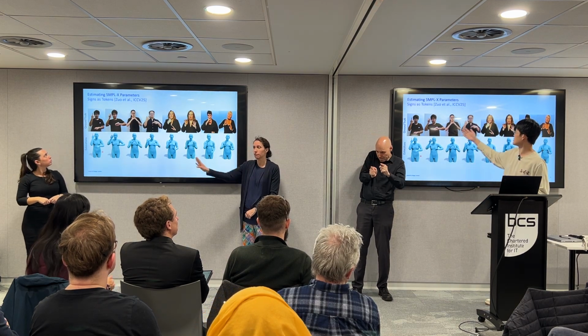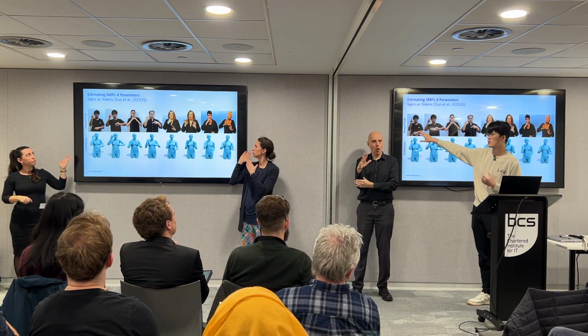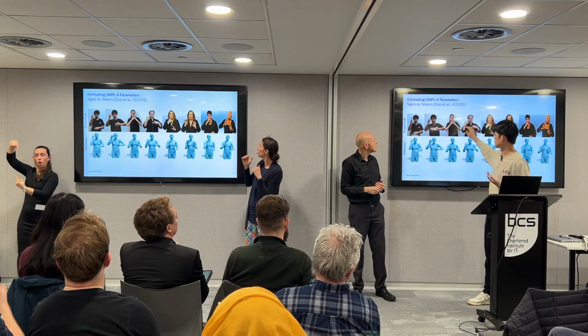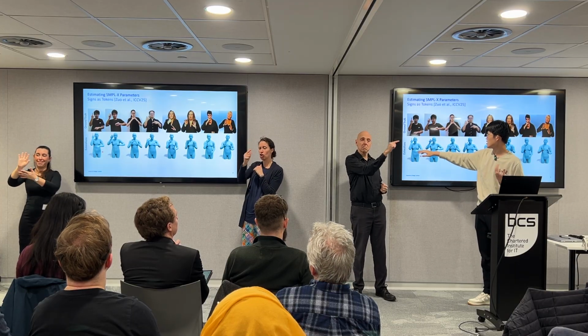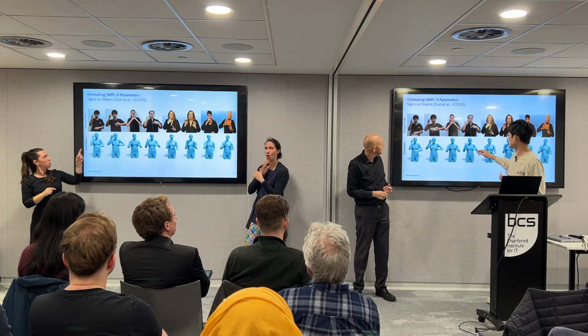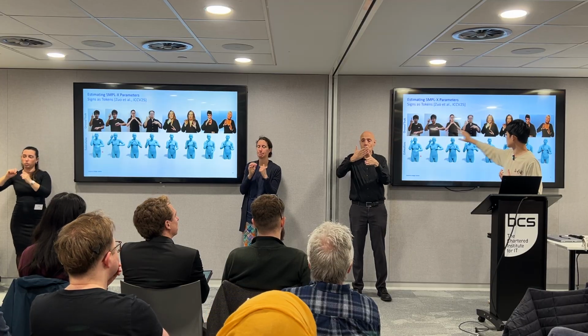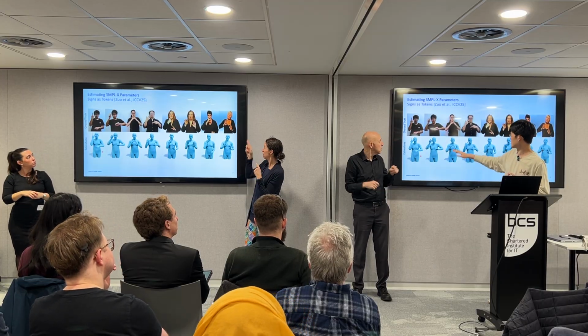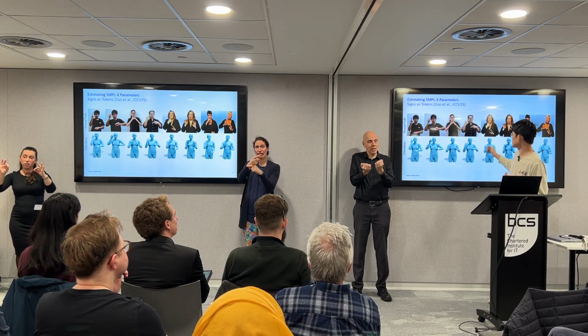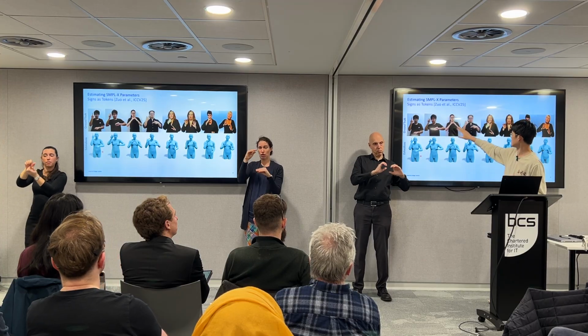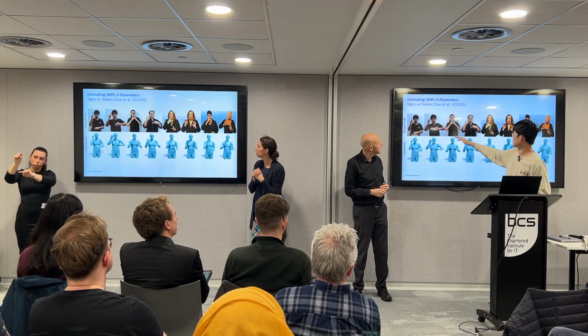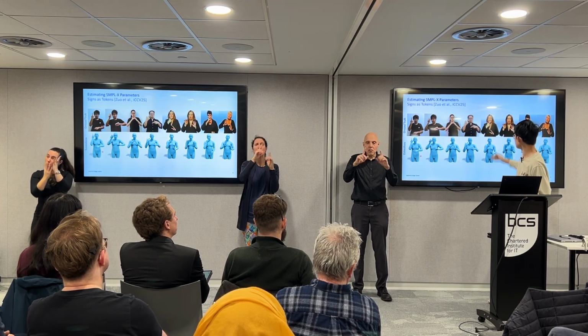Here are several visualizations comparing the raw RGB video frames and our estimated motions. We can see that our pipeline can accurately reconstruct the motions, and it's robust across different hand shapes and hand poses.